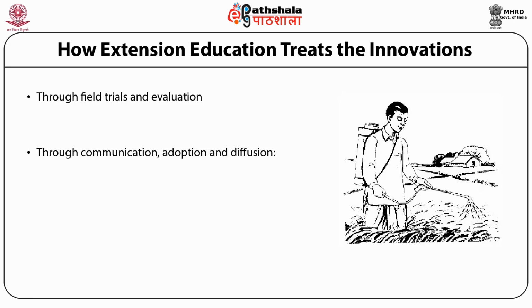The process of adoption is more complicated because purposeful action is essential in case of adoption. The steps of adoption are similar to the steps of teaching as discussed earlier. The steps of adoption include awareness, interest, evaluation, trial, and adoption.